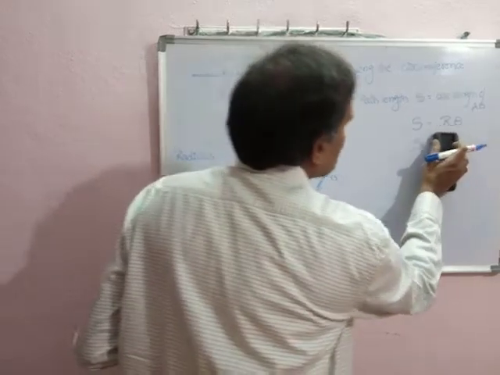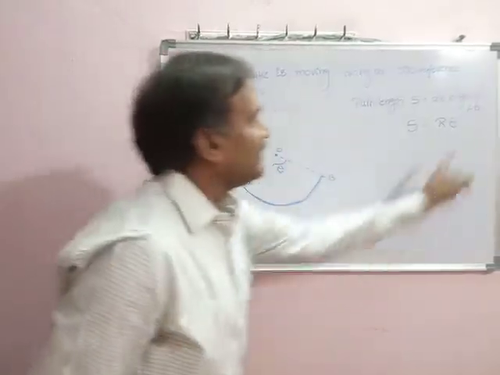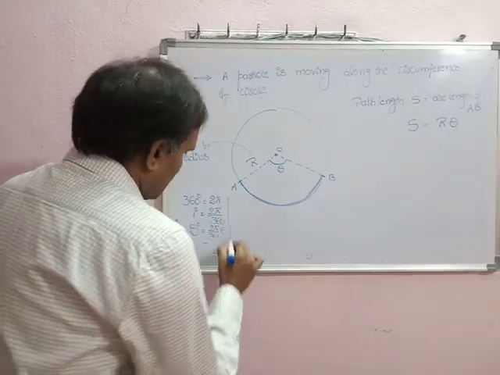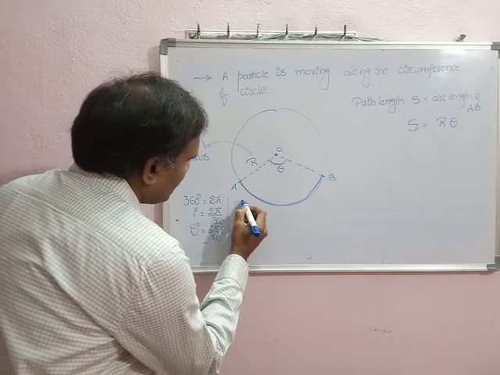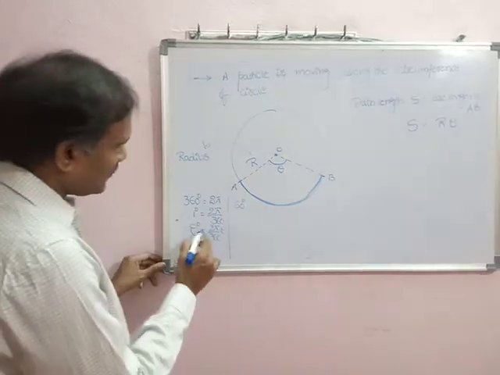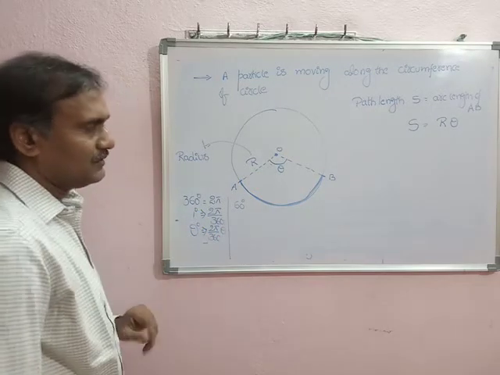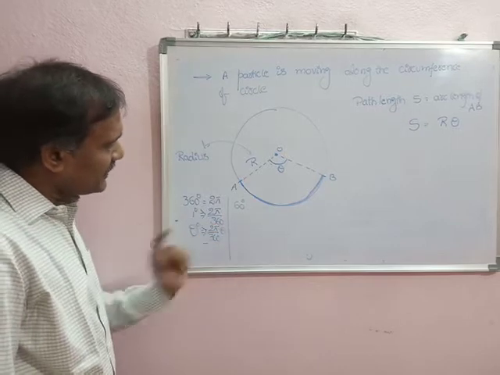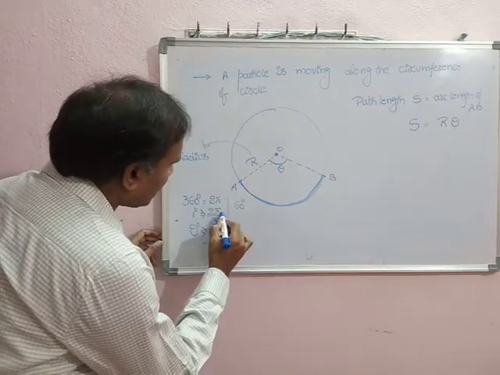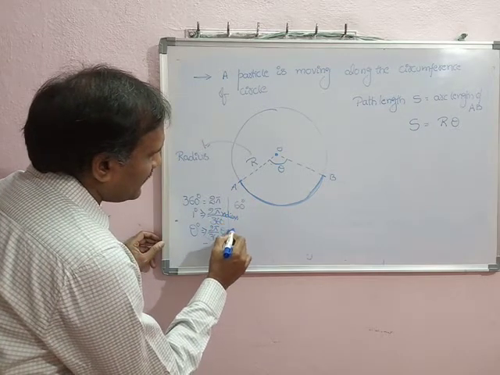That is, you must substitute theta in terms of radians. Now, 60 degrees is nothing but how many radians? 1 degree is equal to 2 pi by 360, so theta degrees is 2 pi by 360 into theta radians.